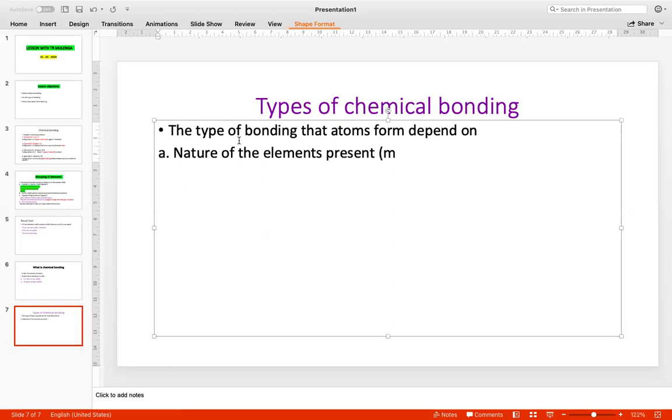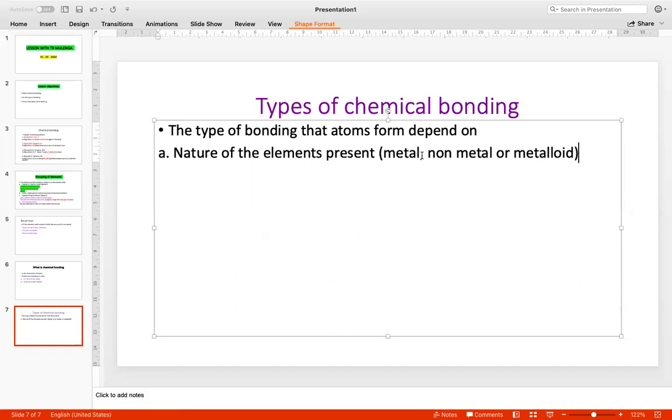The nature: is it a metal? Is it a non-metal or is it a metalloid? So the nature of the element will dictate the type of bonding that is likely to be there.